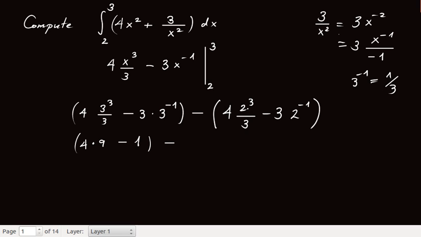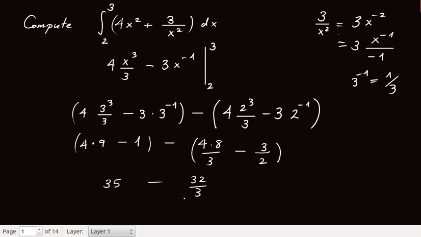And then 2 cubed is 8, so I get 4 times 8 over 3 there, minus, and then 2 to the minus 1 is the same as 1/2, so that's 3 over 2. Okay, so that's my integral so far, and then you can simplify this. This 36 minus 1 will be, it's all arithmetic from here, 35, and then this will be the same as 32 divided by 3.